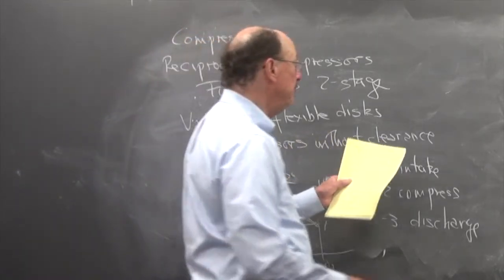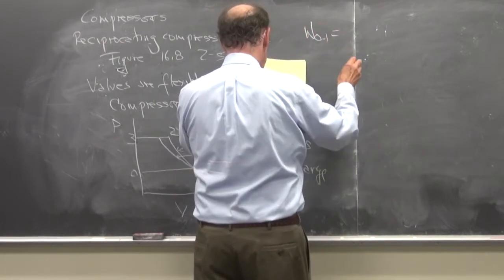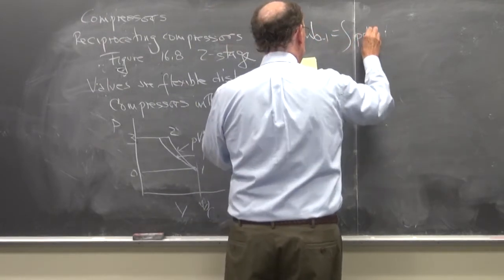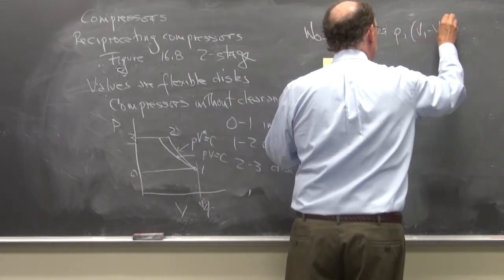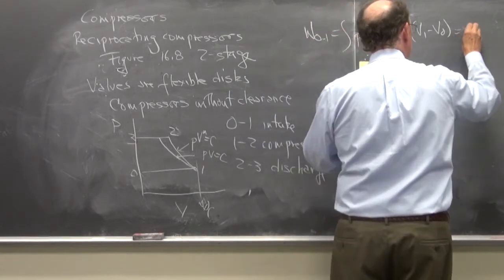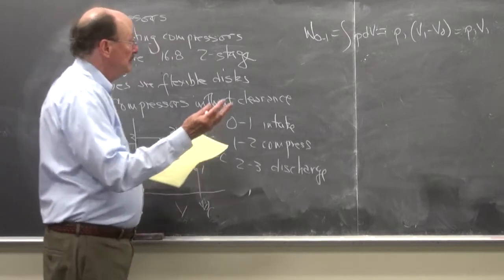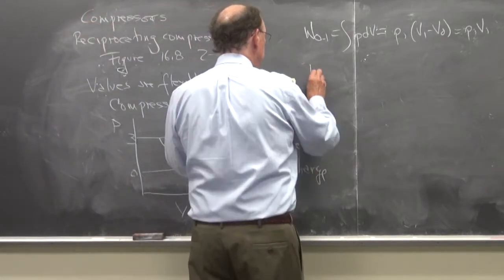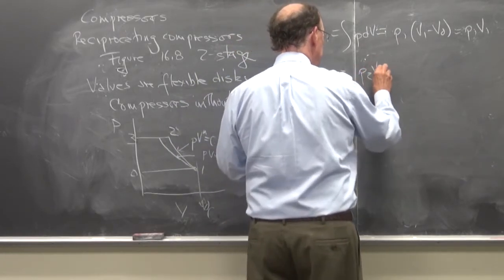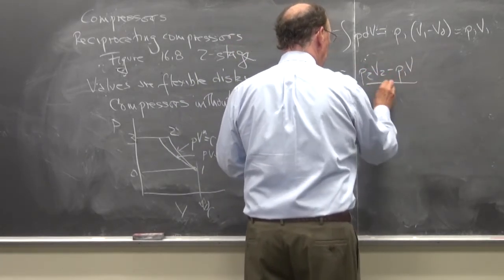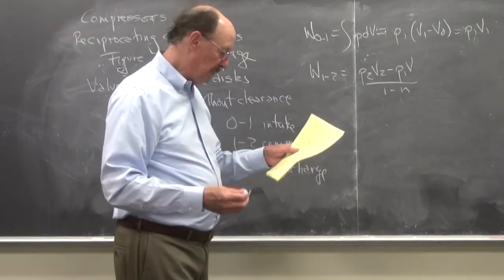If I define the work, 0 to 1, it's equal to the integral of P dV, which is P1 V1 minus P0 times V0. V0 is 0, so it's equal to P1 V1. W12 is equal to P2 V2 minus P1 V1 over 1 minus n, so we have that for your polytropic compression.